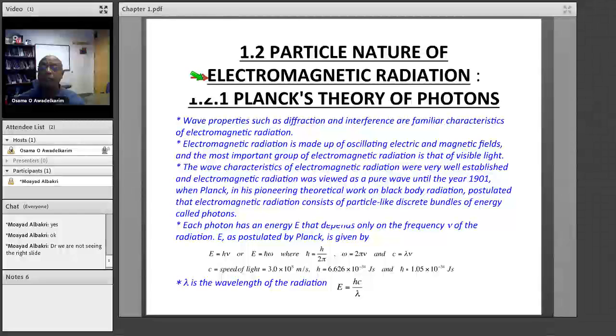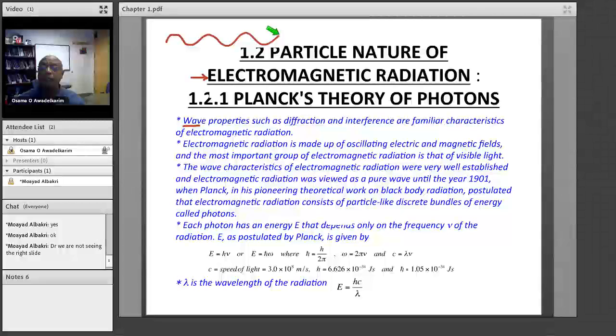We know that electromagnetic radiations are waves. Literally speaking, they are waves propagating like this, just like what we see in waves if we're standing on the shore near an ocean, for instance.